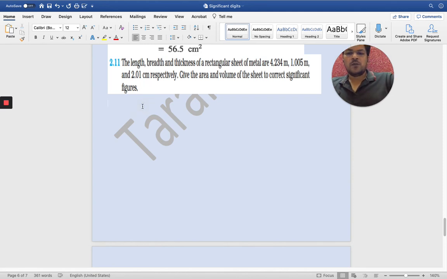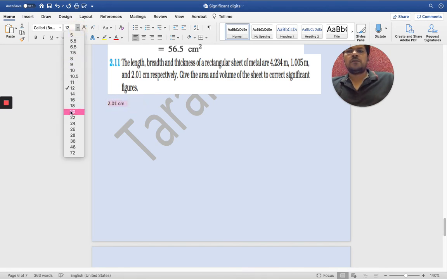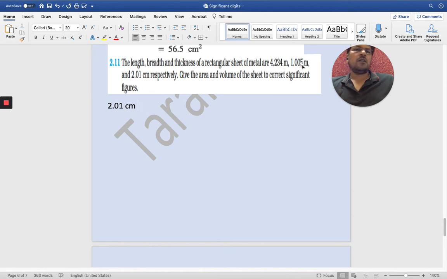So that is why you have 2.01 centimeter. I have to first divide this one by 100 and convert it in terms of meter, or else convert these two quantities in terms of centimeter.